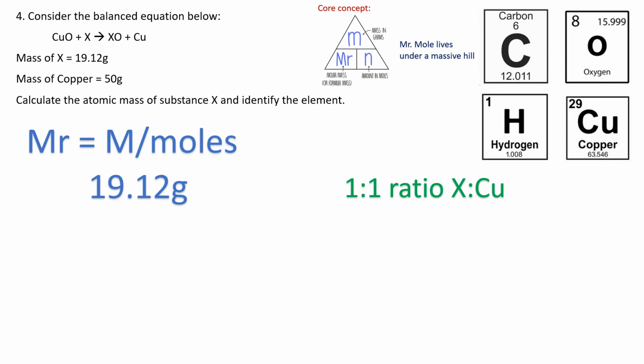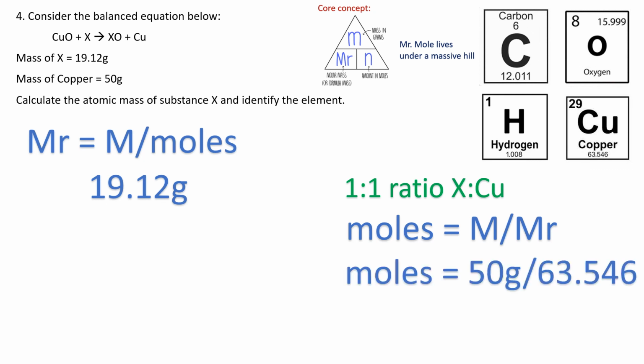Right, well, if I wanted to work out moles, look at my formula, look at my triangle, mass divided by molecular mass. Do I have a mass? Yes, I do, 50. Do I have a molecular mass? Yes, I've got that number there from the periodic table. Oh, look at that, I've got the number of moles. That's the number of moles for copper, 0.787.